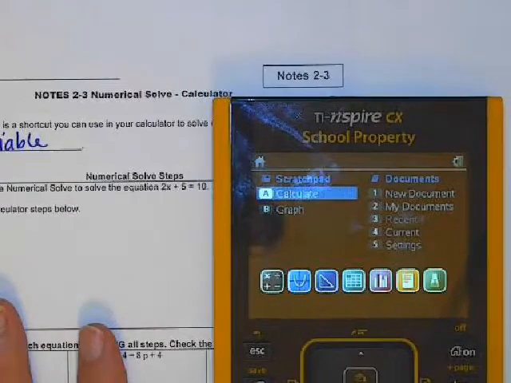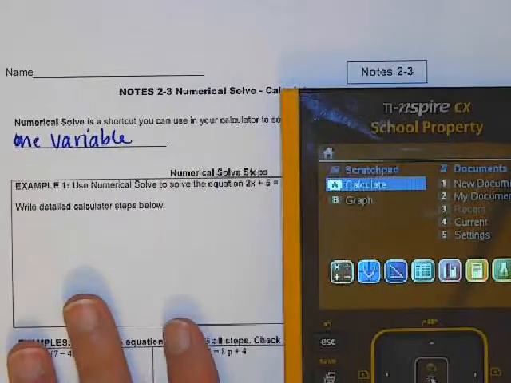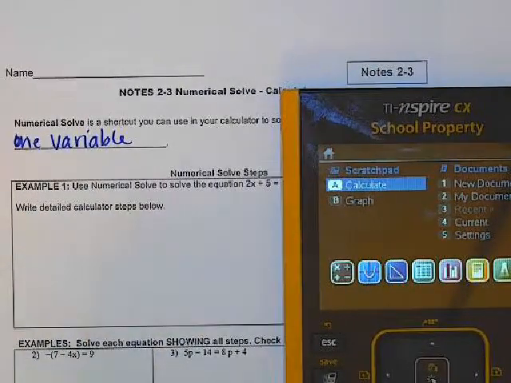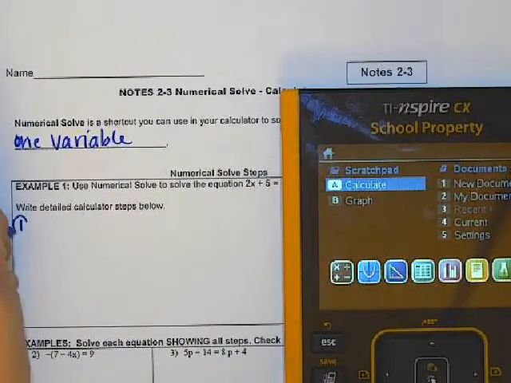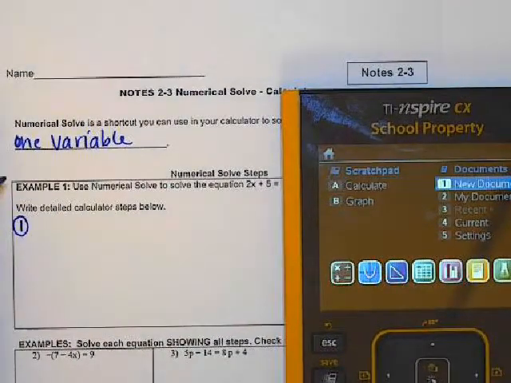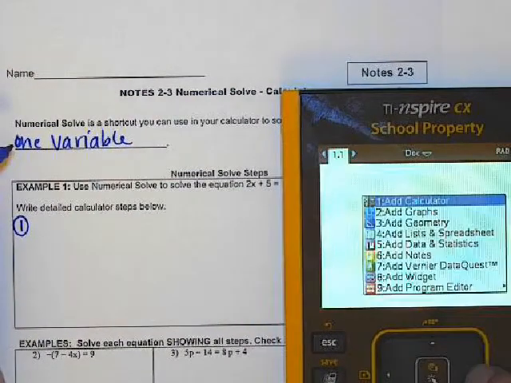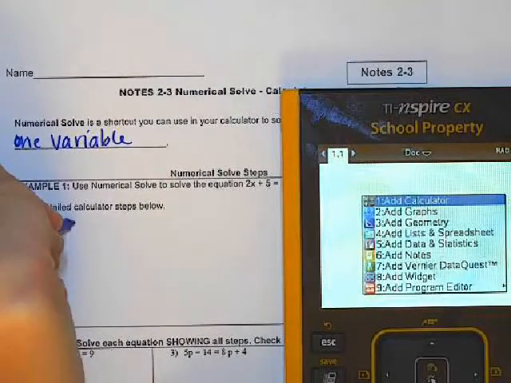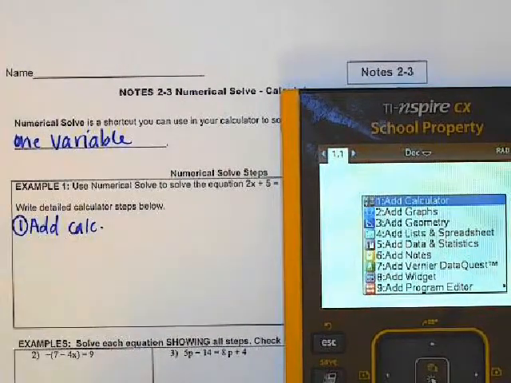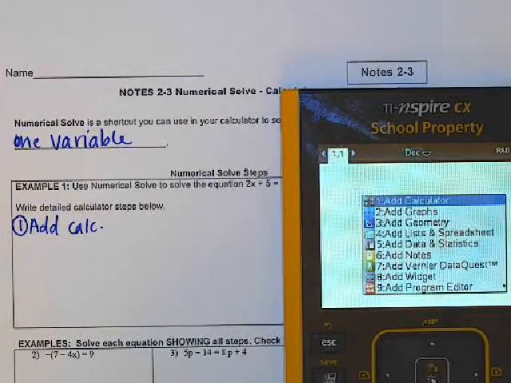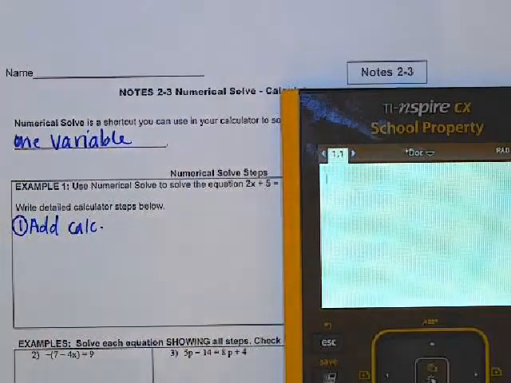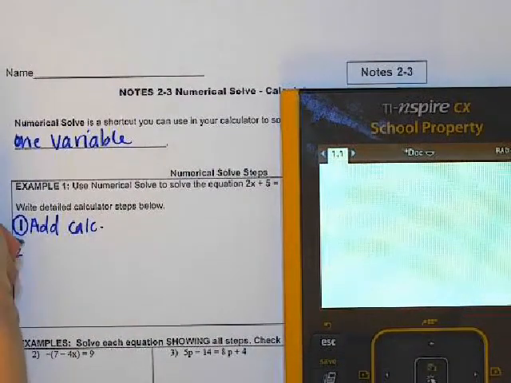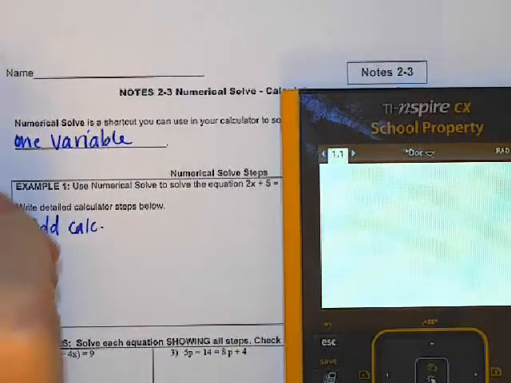Then that's great. So what we're going to do is we're going to write detailed calculator steps below. So step 1. Okay, let's just go get add calculator first. So new document, add calculator. So step 1 is add calc. Okay, then step 2, menu.